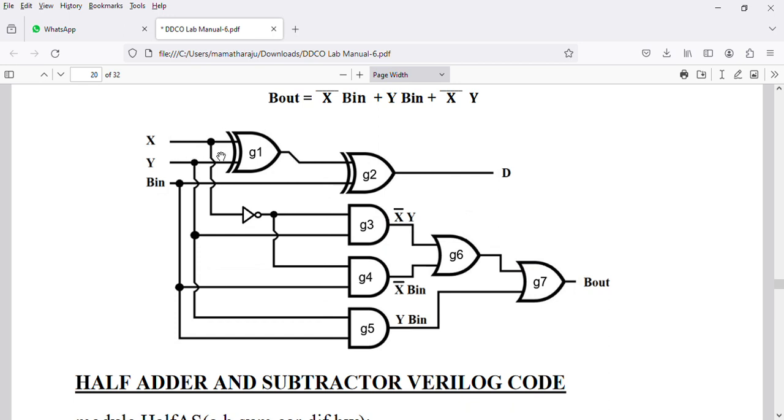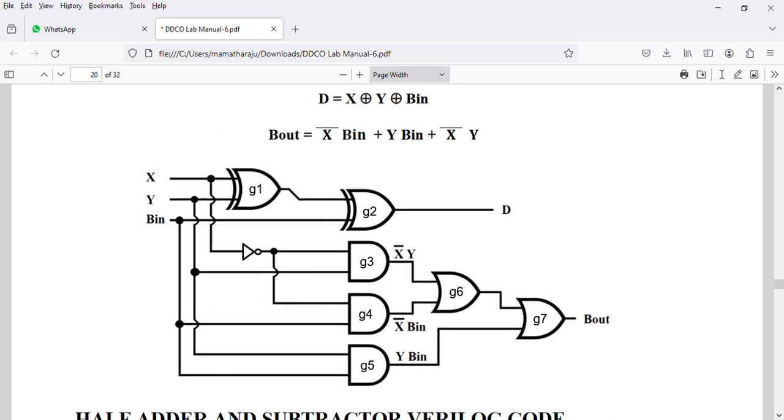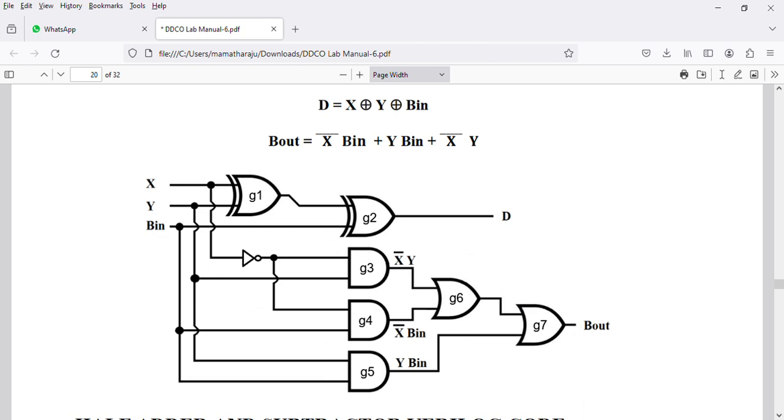Here we take x, y as 2 inputs for the XOR gate, that is G1, and we get the output to gate 2's first input, and b in is taken as the second input for gate 2. Then we get the difference equation as x XOR y XOR b in.